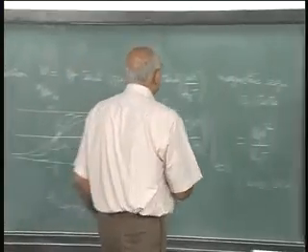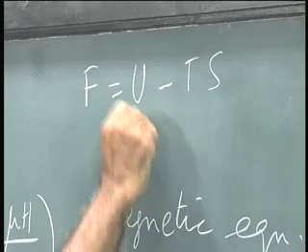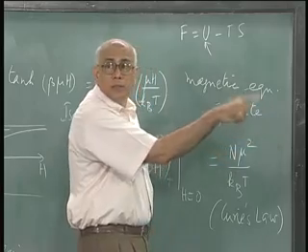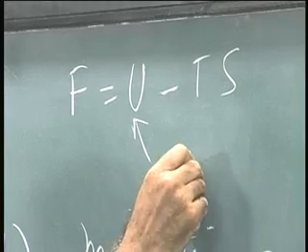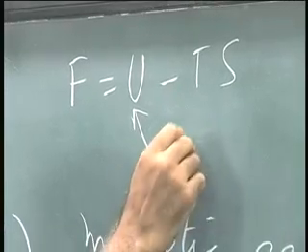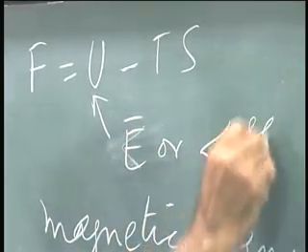If you look at the free energy F, which is U minus TS, this U, as we have seen throughout in statistical mechanics, is just the expectation value or the average energy, the expectation value of the Hamiltonian.